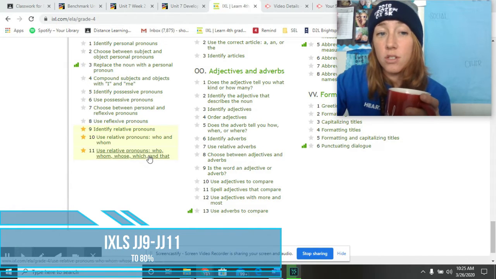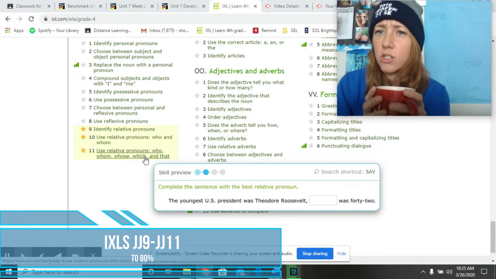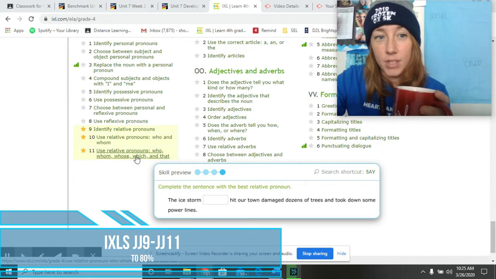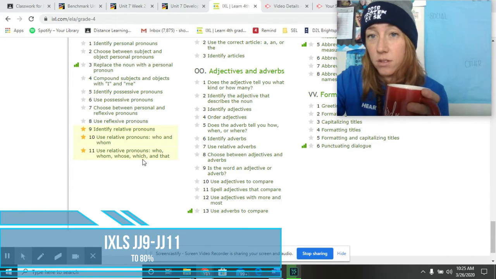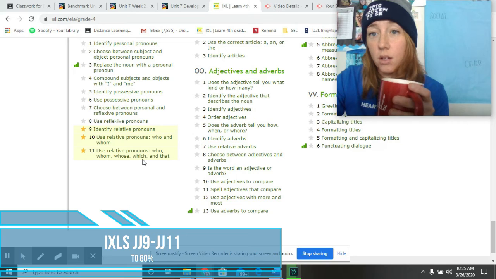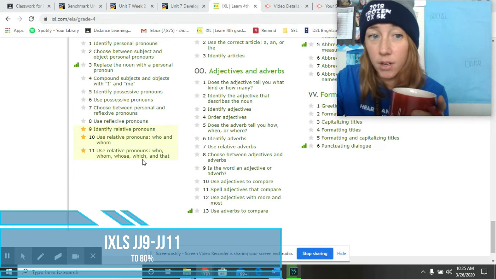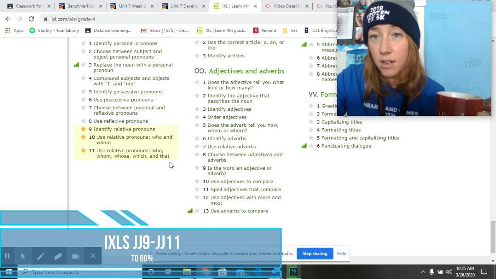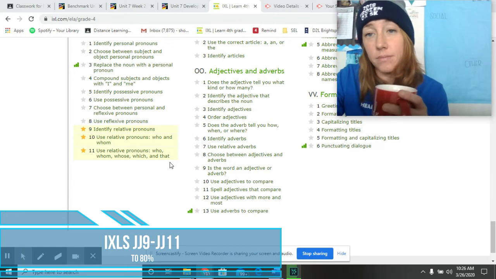Which, W-H-I-C-H, usually has a comma. It's not necessary. We talked about that yesterday. Like, they were at Heartland Park, which has a slide. You don't need which there because you already know it's Heartland Park. That is if it is necessary. So I would say they are at a park that has a slide.